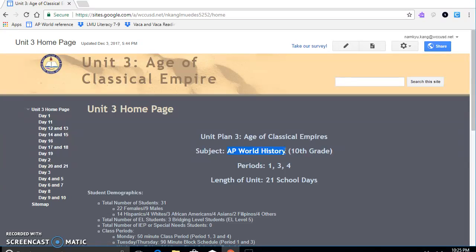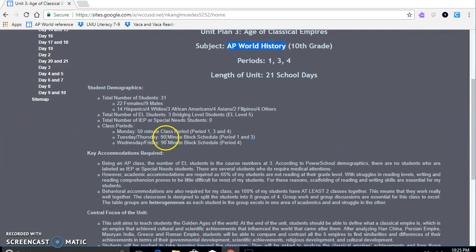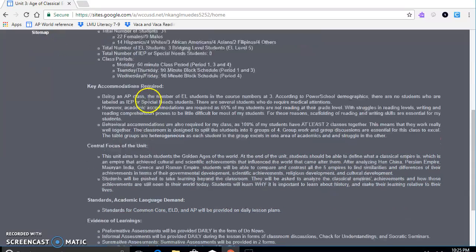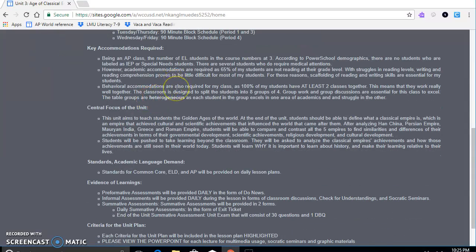So we dive in on my homepage. We talk about student demographics, key accommodation, and the central focus of this unit, which is allowing my students to analyze these empires and compare and contrast the similarities and differences of their governmental development, scientific achievement, religious development, and cultural development.